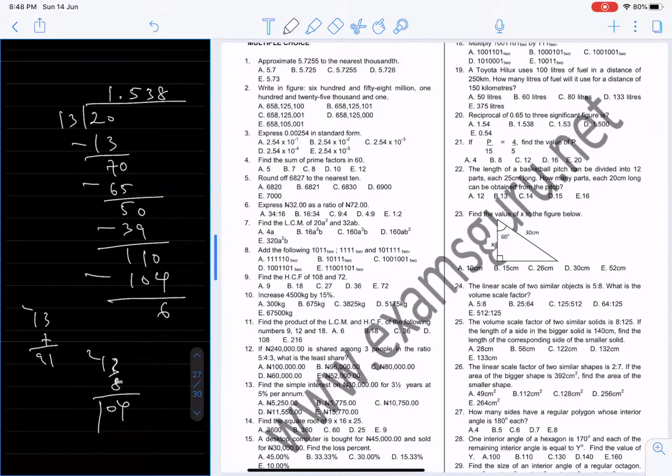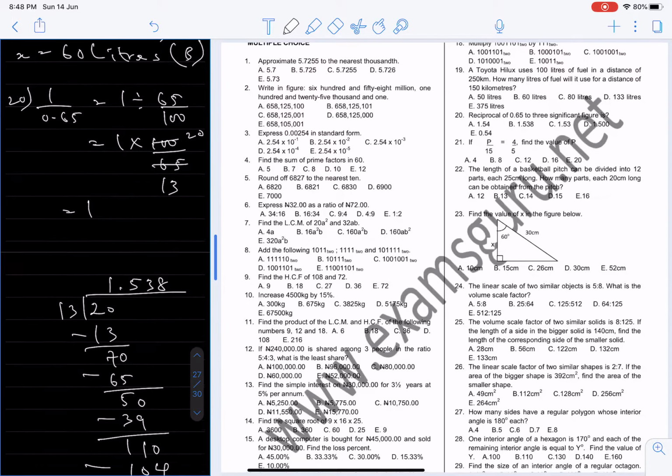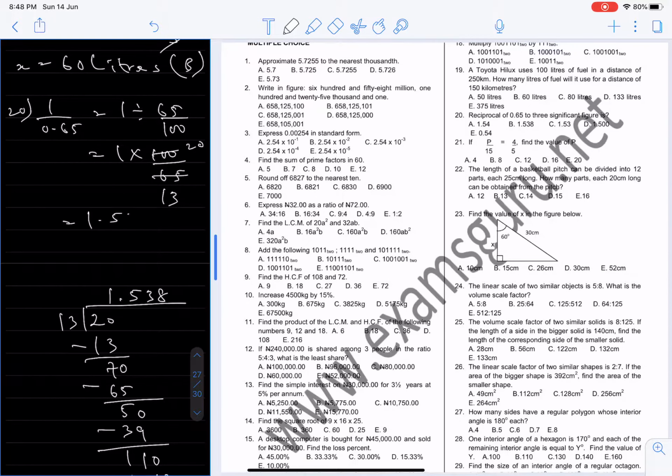They said 3 significant figures, so I can just stop there. It's actually 1.538, and that's approximately 1.54 to 3 SF.